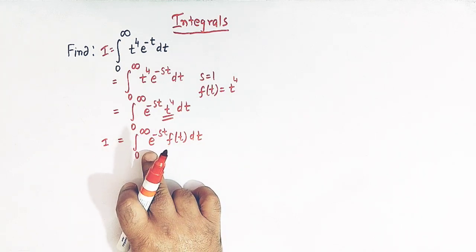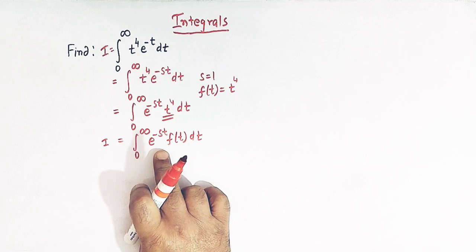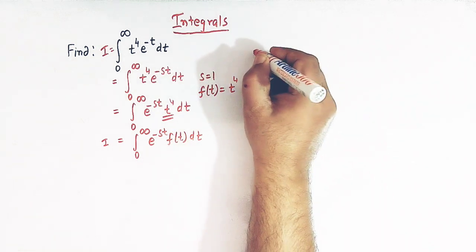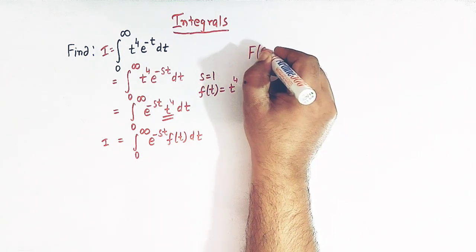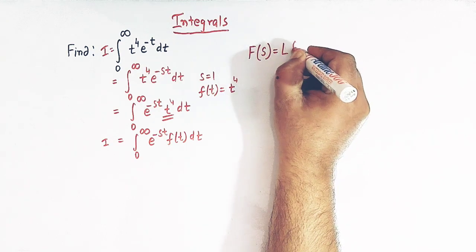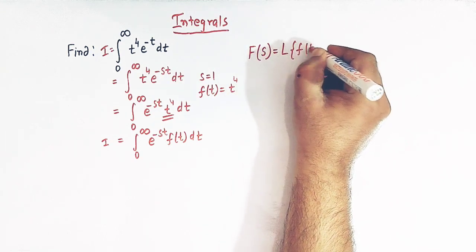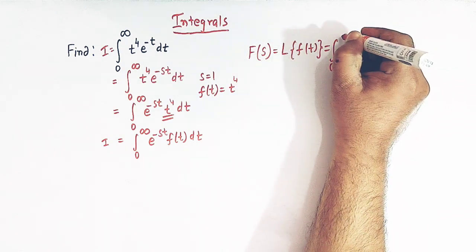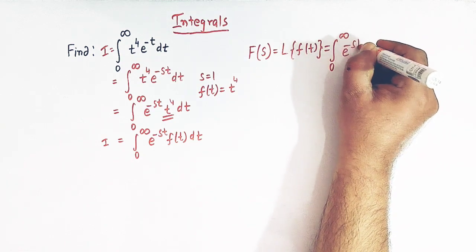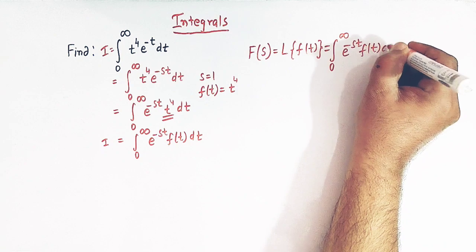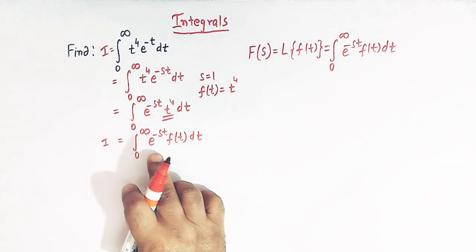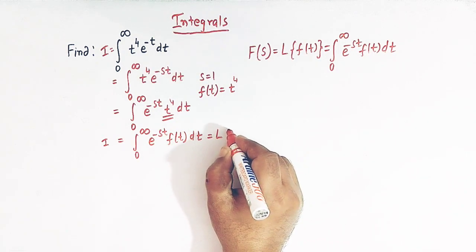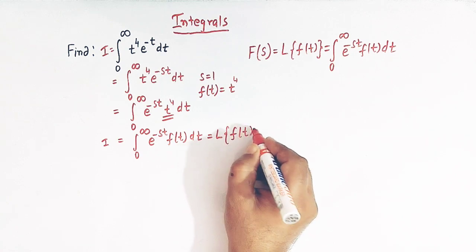Now we can see that this is the definition of the Laplace transform of f of t. We know that the Laplace transform of f of t, L of f of t, is given by the integral 0 to infinity e raised to minus st f of t dt.